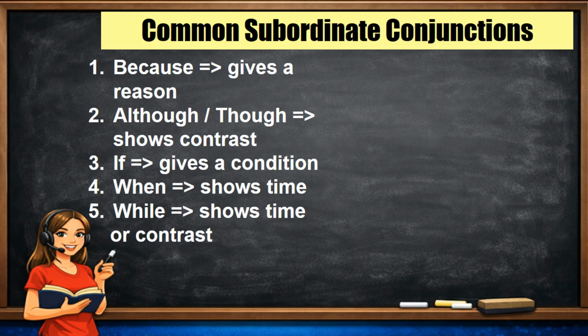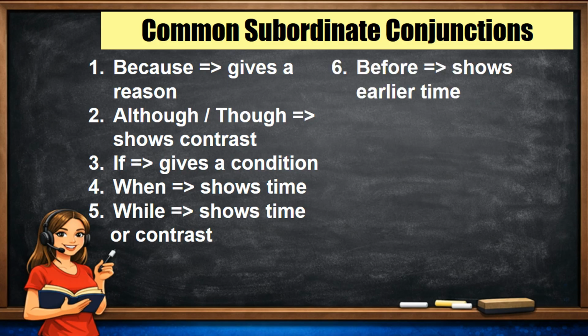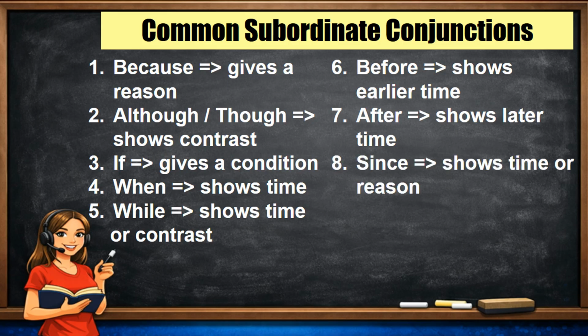While shows time or contrast. 6. Before shows earlier time. 7. After shows later time. 8. Since shows time or reason. 9. Unless means if not. Don't worry, we will look at some examples.